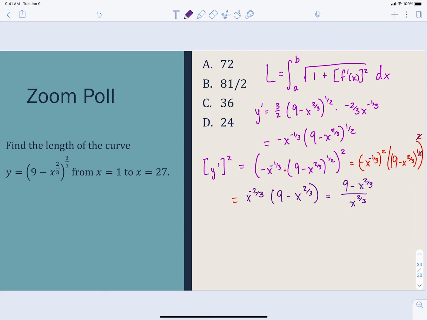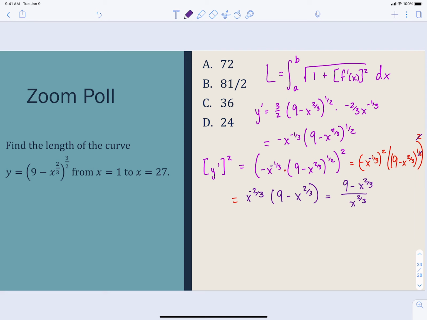So the length of our curve is going to be from 1 to 27, the square root of 1 plus, I think I'm going to use this guy right here that we have written, minus 1 dx, because then the 1's cancel. Ooh, that's nice. So integral from 1 to 27, and we just have the square root of 9x to the negative 2/3 dx.